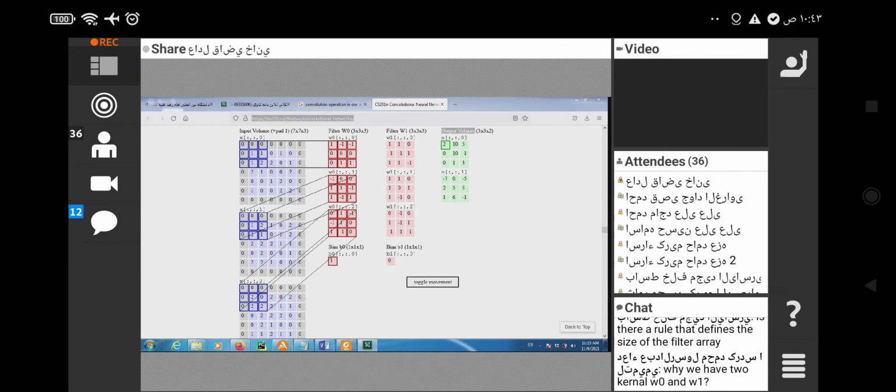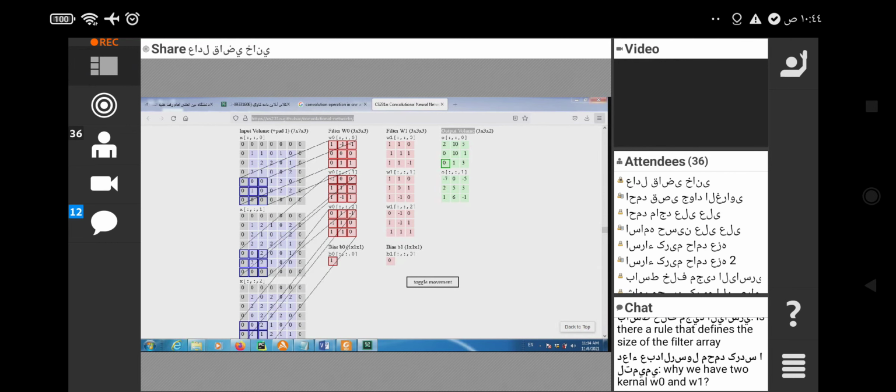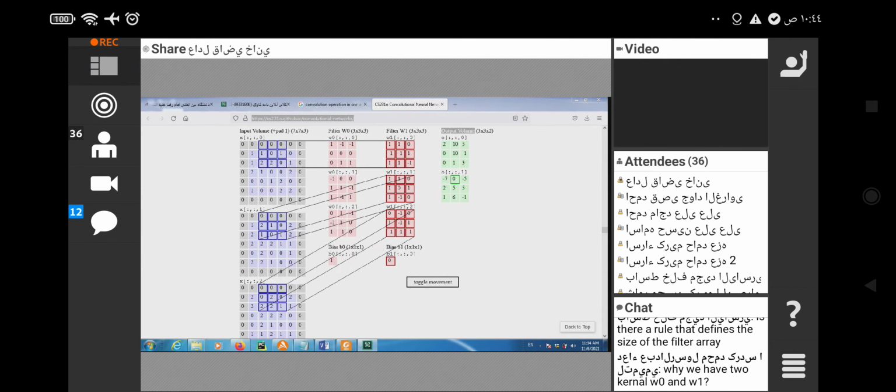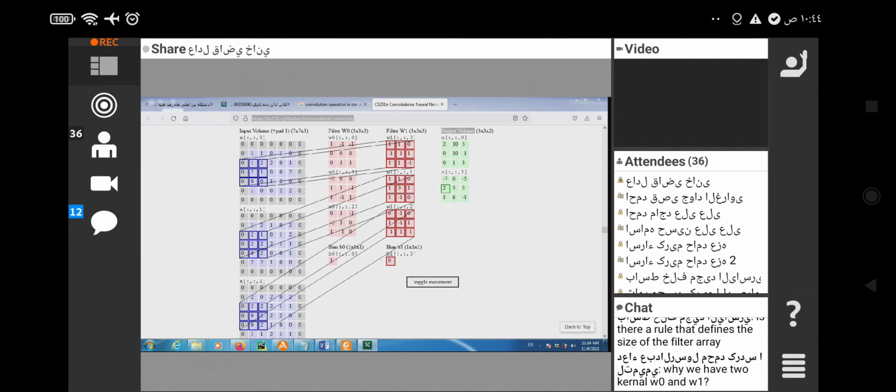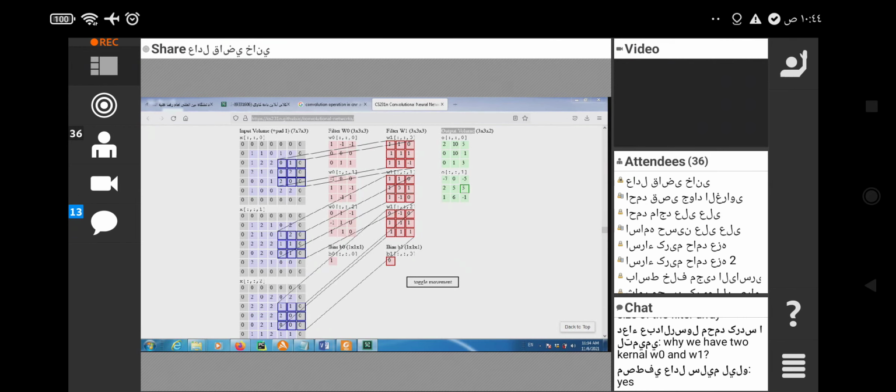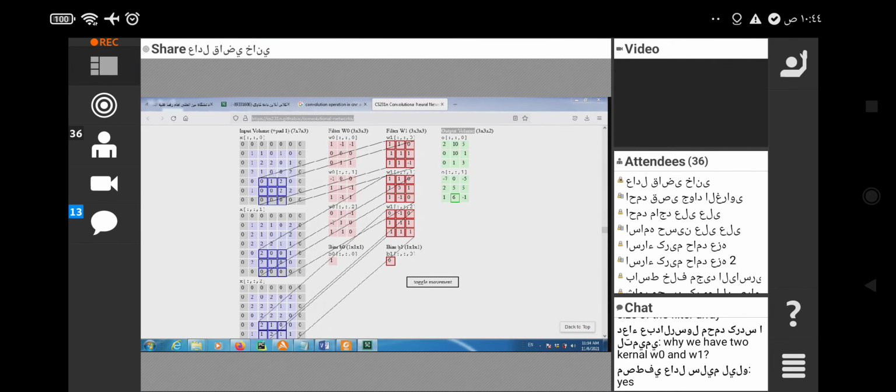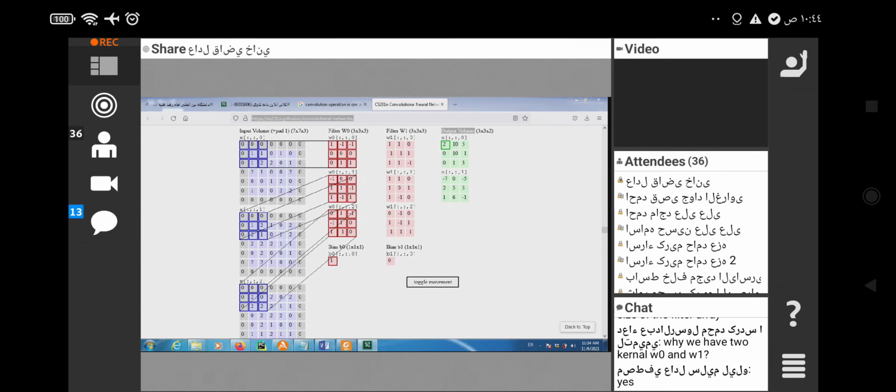You see the kernel. I said that here we have two kernels. You may ask, why do we have two kernels? This is something that we have to decide.